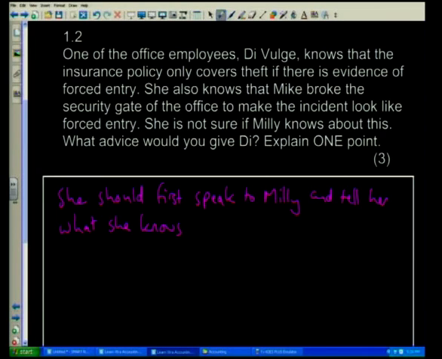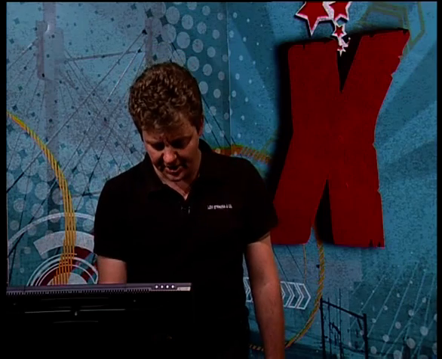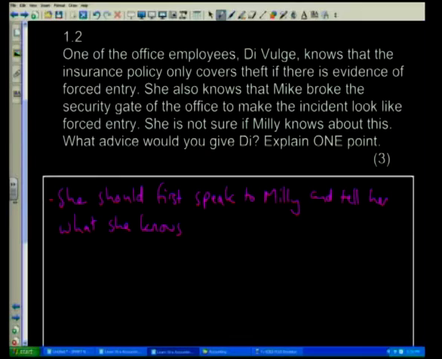If your partner is doing something unethical, you in a partnership would certainly want to know about it. And if you are an employee, you must make sure that you behave ethically whenever possible. So it would be ethical for her to speak to Millie and to tell her what she knows. That would be an example of some advice. She should perhaps also not lay the insurance claim.